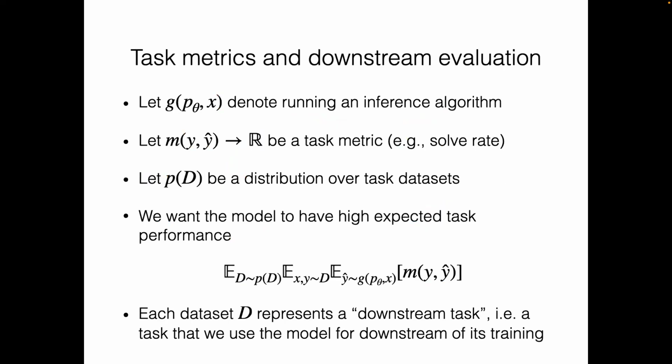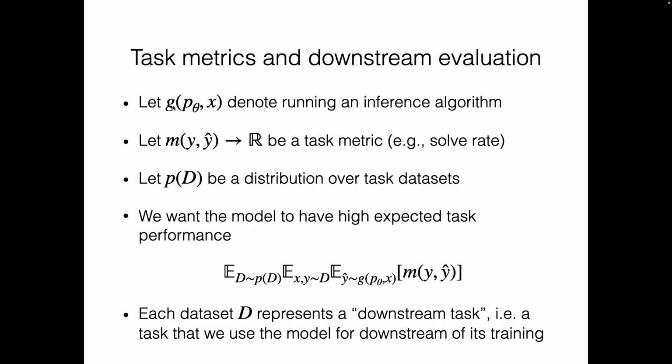And then there's this idea of, sorry, I forgot to do the animations on this slide, so it all came at once. But we can start at the top, and we can try to formalize this idea just a little bit. So we take a model, and here we'll be dealing with language models, and we take an input, and then to actually produce an output, we run some inference algorithm.